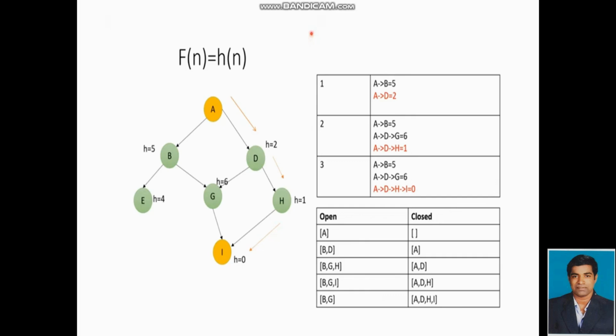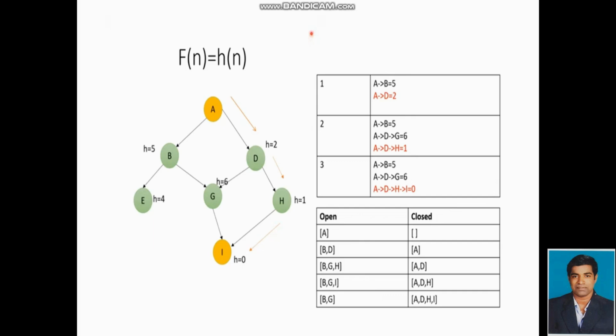For iteration 2, we navigate from A to B and D. That is why open consists of B and D, and closed holds the previously processed node A. In iteration 3, B we write as it is, and D alone is navigated to G and H. D is replaced by G and H, and D is added to closed.